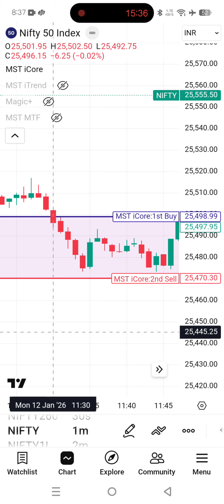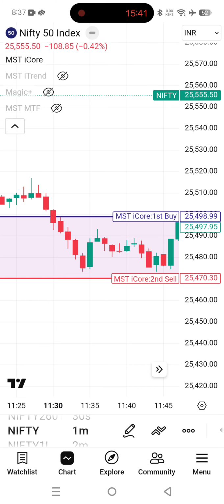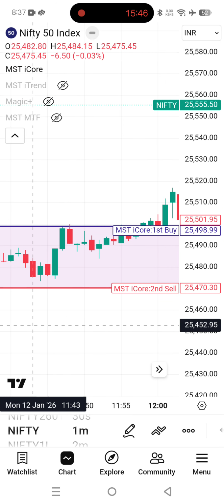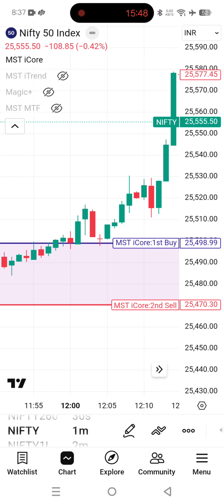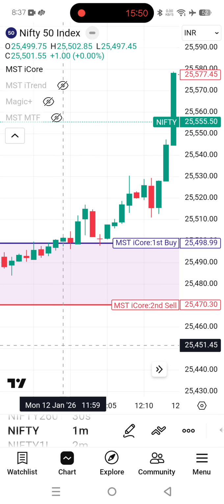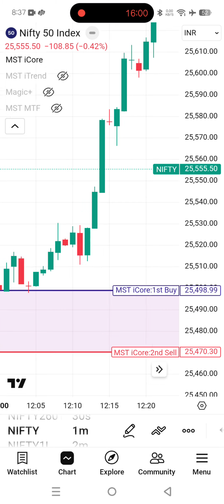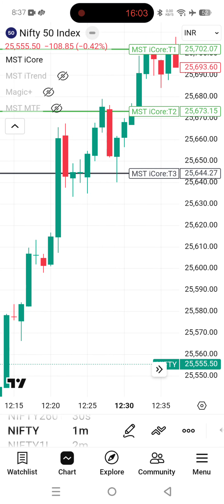As I told you, the green candle has not closed above the buy entry. So this entry is invalid. This entry is also not valid. And here we are getting the valid entry candle confirmation at 11:59. The 11:59 candle has closed above the entry point and the high of the candle is broken. Now we can go for the entry and all the targets have been achieved.